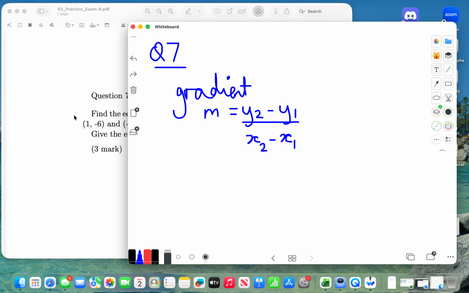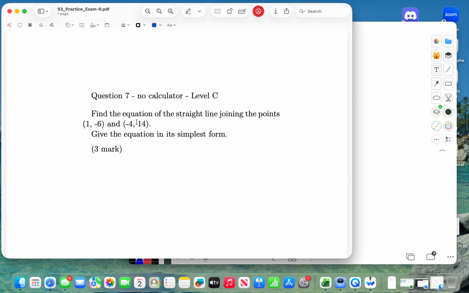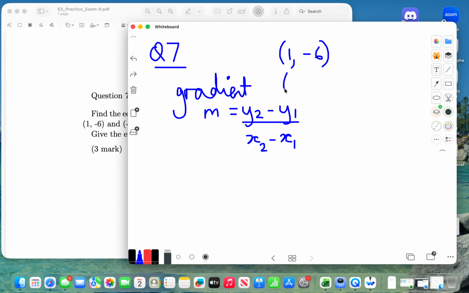So we're going to select one of the points as point 1 and the other as point 2. So we have 1, minus 6 and minus 4, 14. Let's choose the first one as point 1. So point 1 is given as x1, y1, and the second point will be x2, y2.